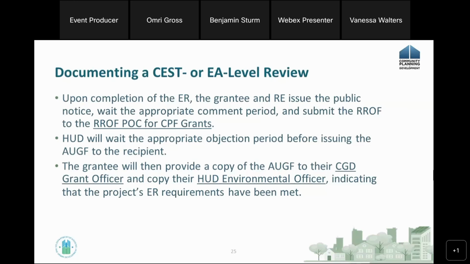And if the screen had been completed, then there would be a check mark next to it. So these are two ways you can provide a copy to your grant officer and environmental officer showing that the project's environmental review requirements have been met. Next slide.